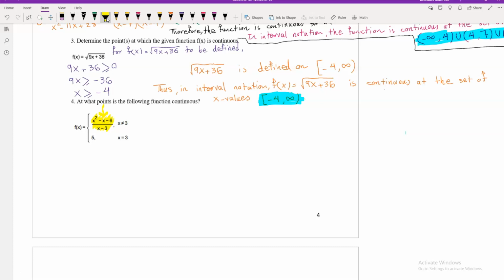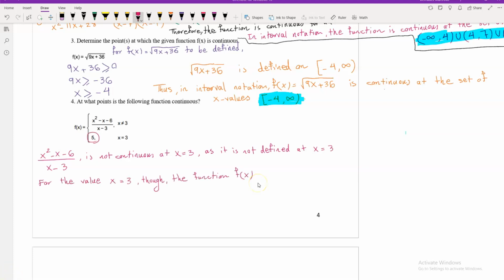This means this rational expression is not continuous at x equal to 3, as it is not defined at x equal to 3. But when x is equal to 3, our function is equal to 5, based on what we have here on this part. So at this point, x equal to 3, f of x is defined to be 5.